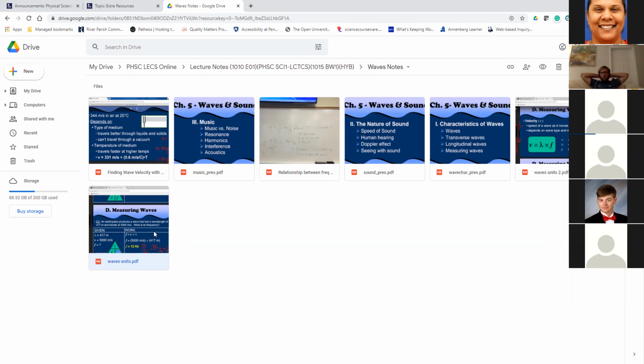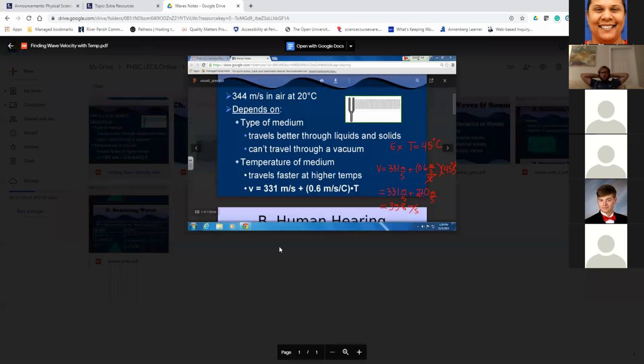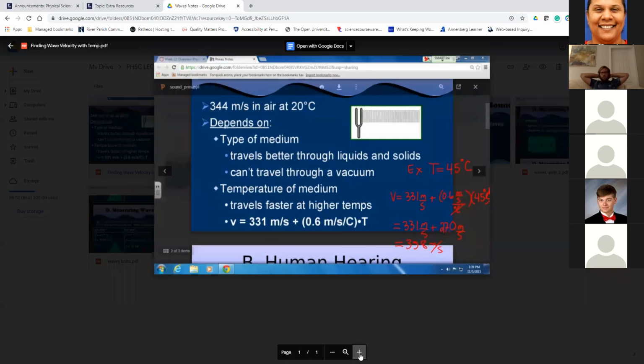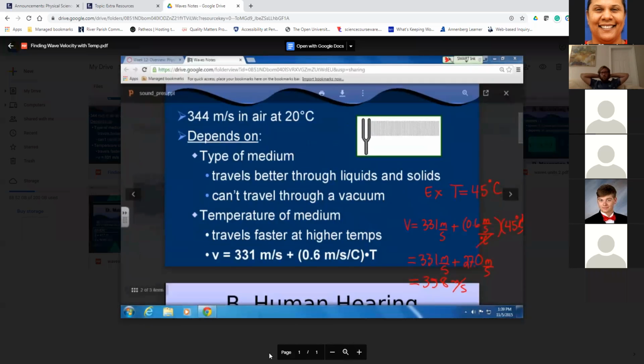So the other thing that I'm interested in is the speed of sound, okay? That is because sound waves are an example of waves. And we don't really solve problems dealing with light waves at this level.